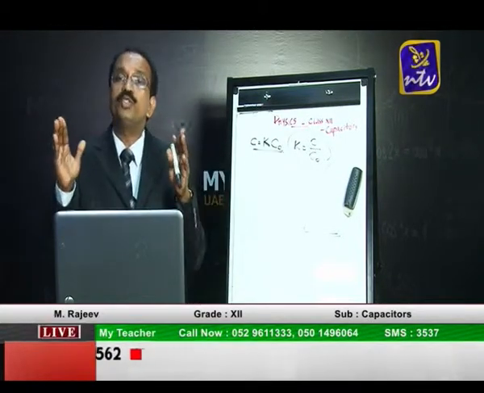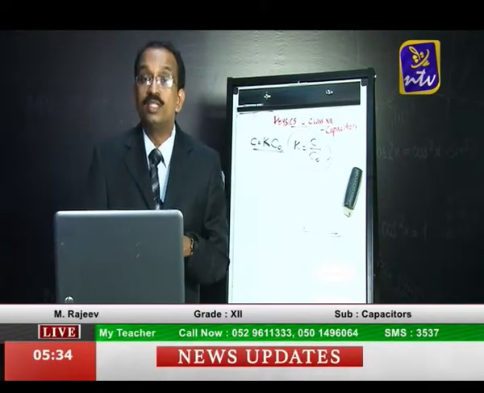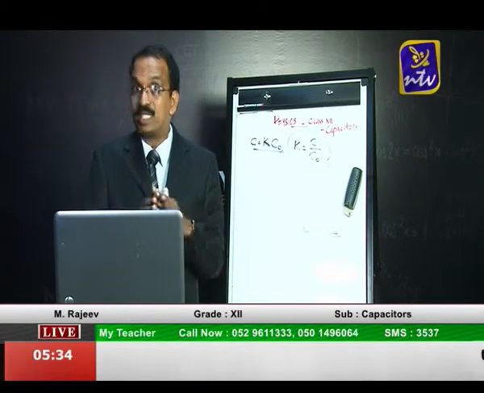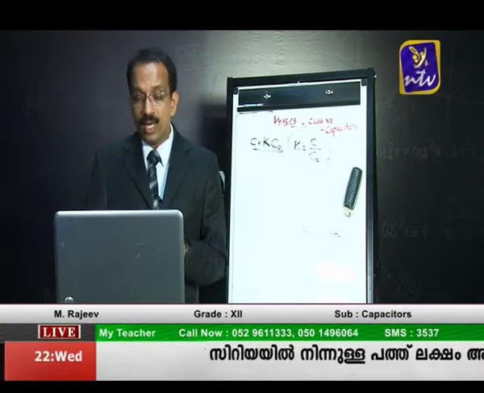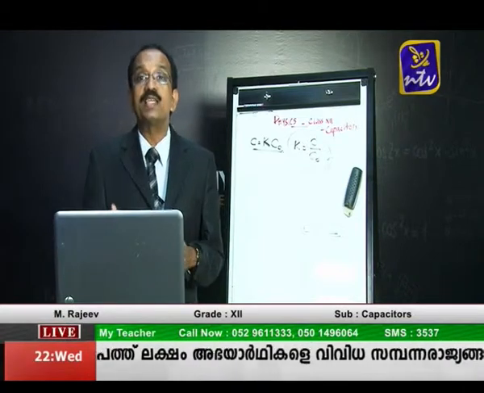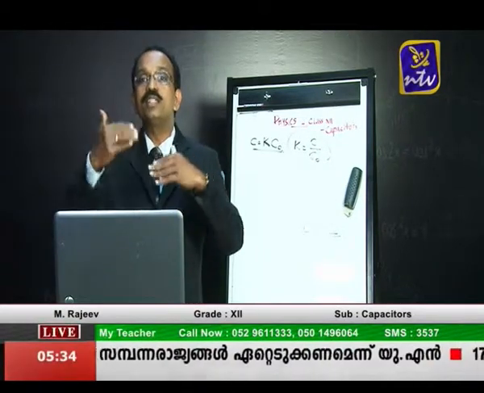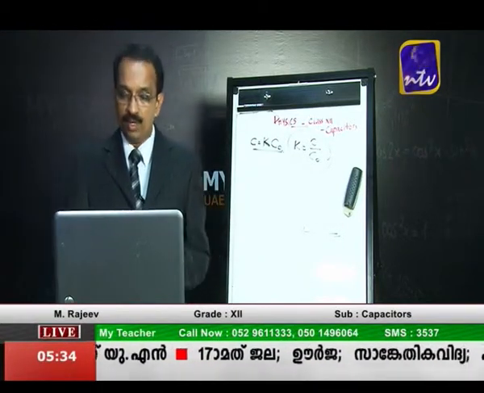Whatever charge you calculate as the total charge taken from the battery, that itself would be the charge of each capacitor. Charge is the same everywhere when capacitors are in series. Whereas in parallel combination, voltage is the same, potential difference is the same. According to the capacity, each will store charge, so charge will be different, but potential difference will be the same.